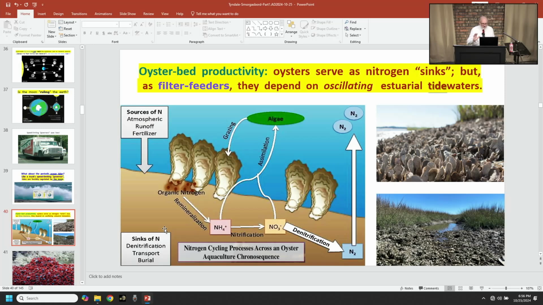And oysters are a whole other thing. And of course, mussels are the same thing. It's very similar. They help clean up the water. They're very helpful in a lot of ways. And if you happen to like to eat oysters, they're tasty too, and they're a good source of zinc. But they're a very important part of the nitrogen cycle.